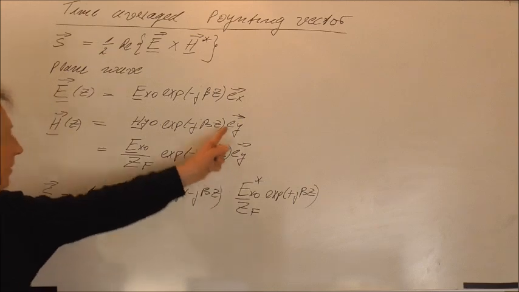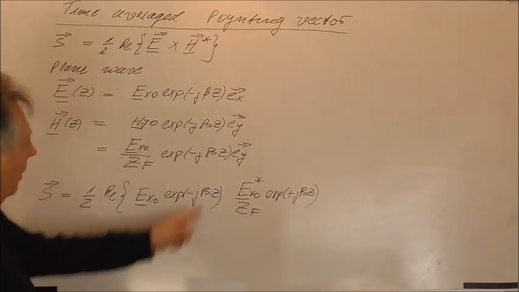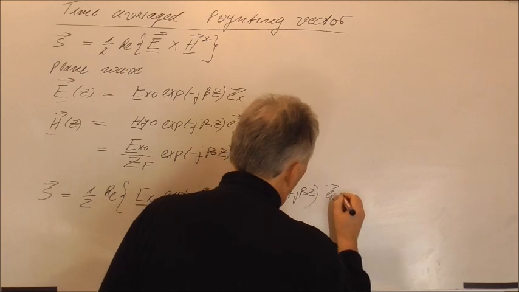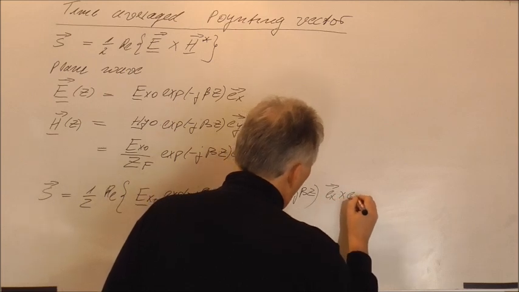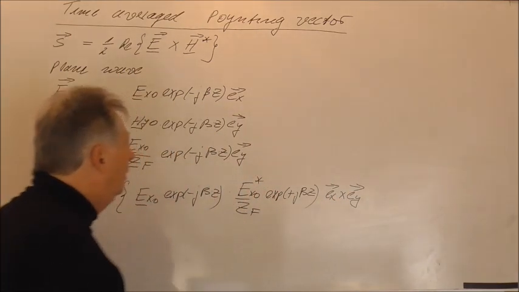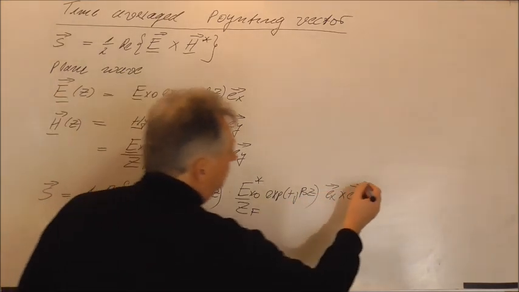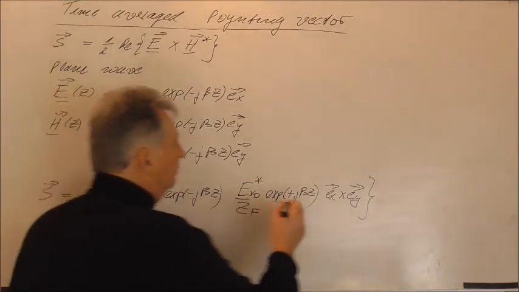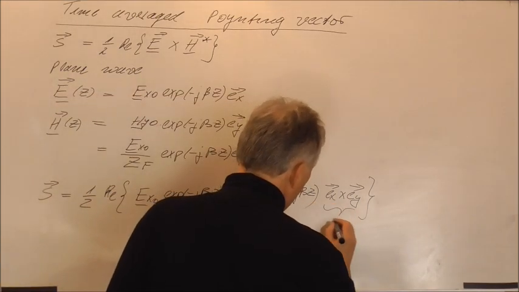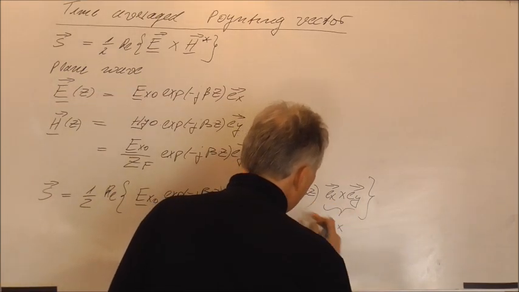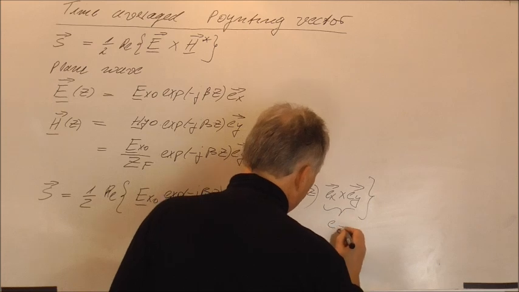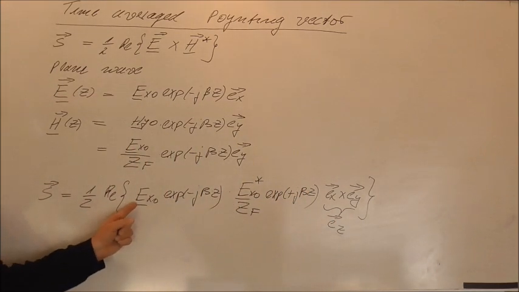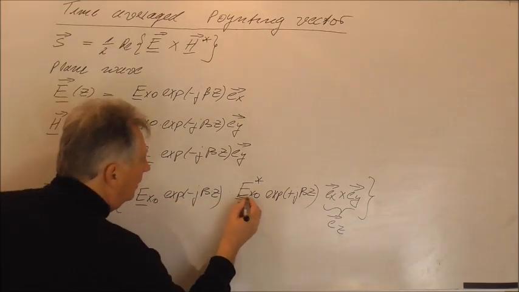And of course you see we have to calculate the cross product Ex cross Ey. Of course this cross product will result in the z direction, and you see here we have Ex naught times the conjugate complex of Ex naught.